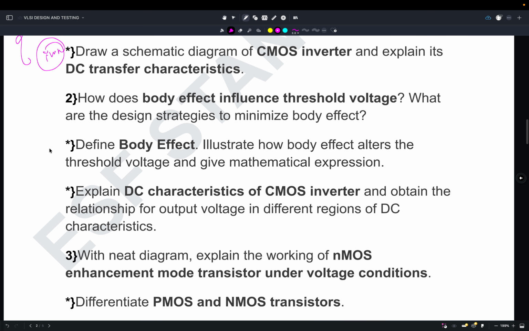In Part B, how does the body effect influence the threshold voltage? What are the design strategies for minimum body effect? That's an important question. Define the body effect and illustrate how the body effect alters the threshold voltage, and give the mathematical expression. I think it's easy. Explain the DC characteristics of an inverter and obtain the relation of output voltage in different regions of the DC characteristics.